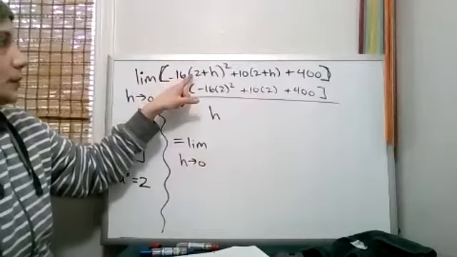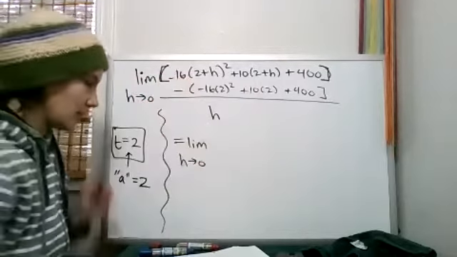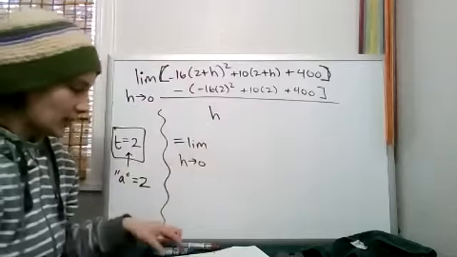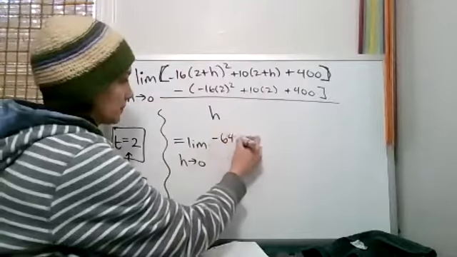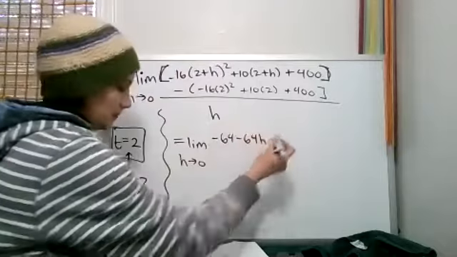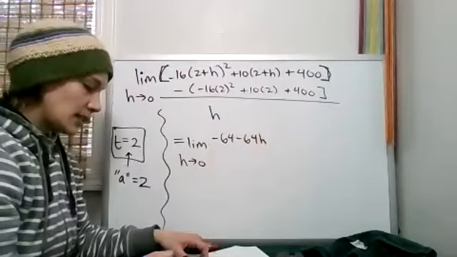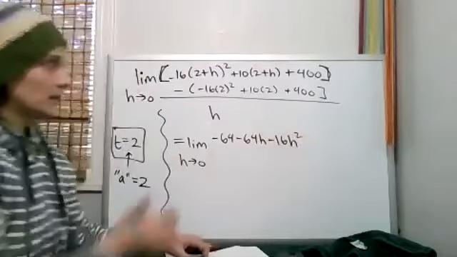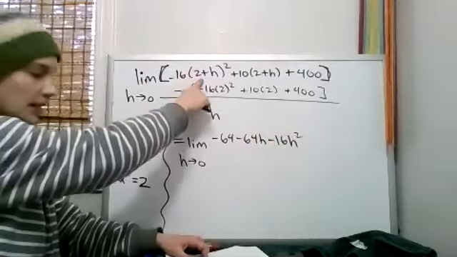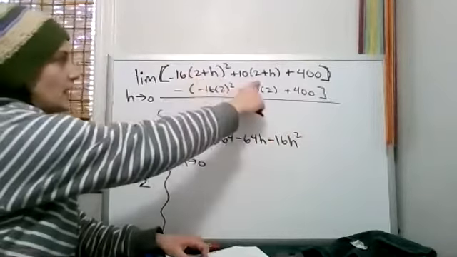Okay, so I'll write down what I got. I have a negative 64 minus 64h minus 16h squared. That's just this part here, and then add 20 and add 10h.